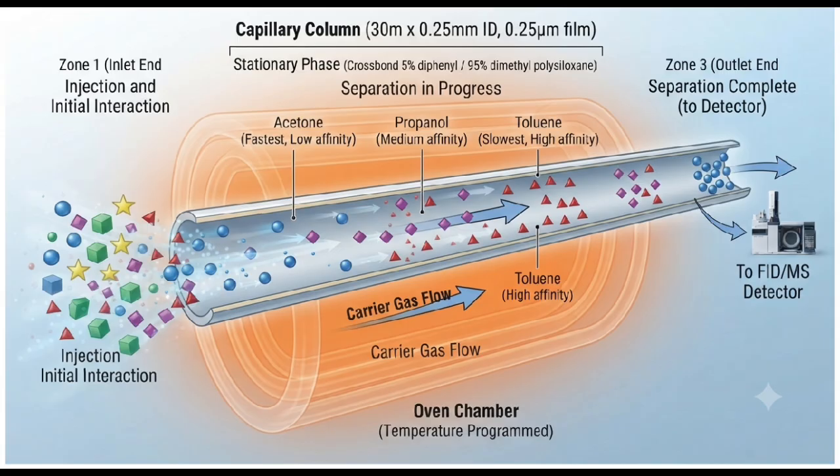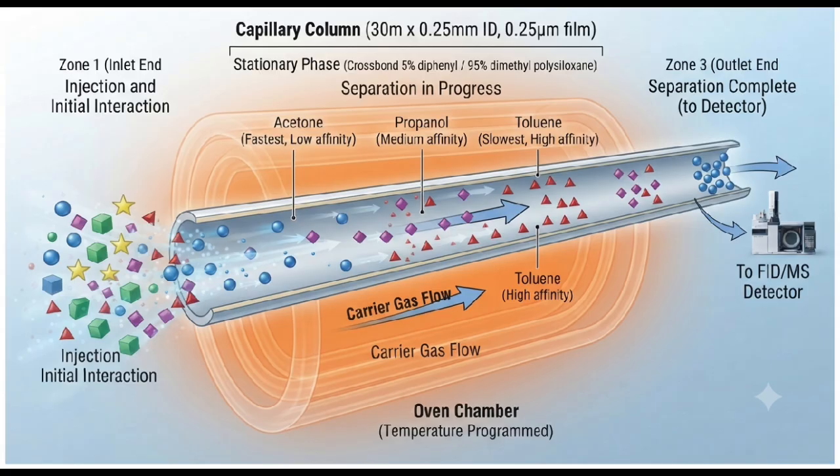The most important part, the column. Now we reach the heart of GC, the chromatographic column. This is where the actual separation takes place. A typical capillary GC column contains a stationary phase coated on the inner surface of the column. As the compounds travel through the column, they rapidly interact with the stationary phase while being carried forward by the mobile phase.